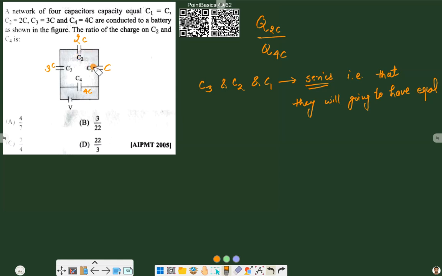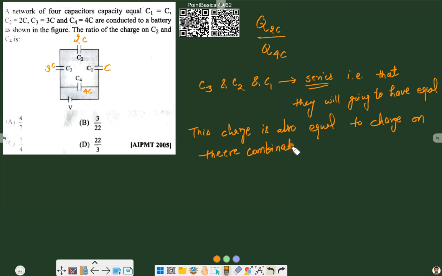And how can we find the charge? This charge is also equal to charge on their combination. What does it mean?